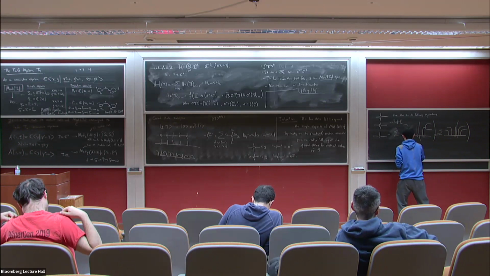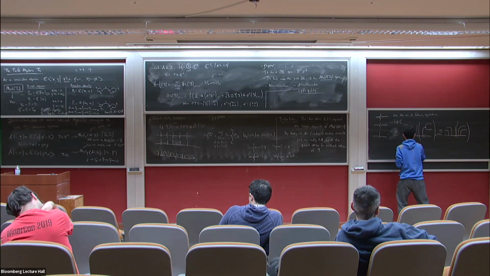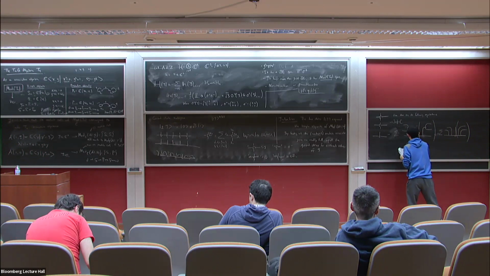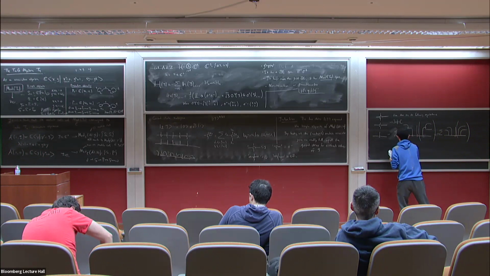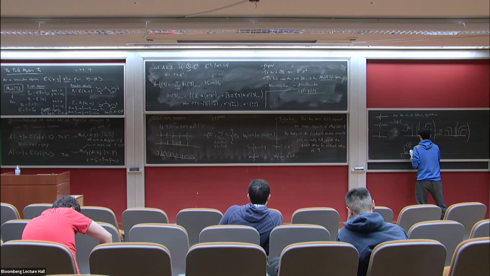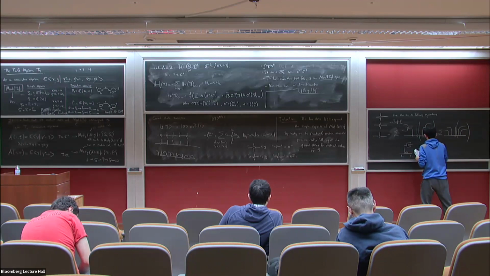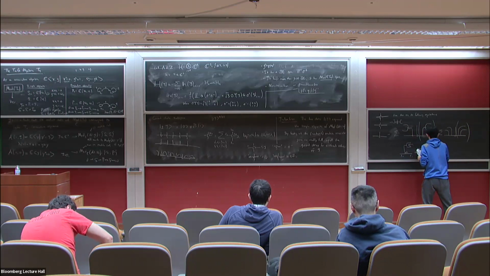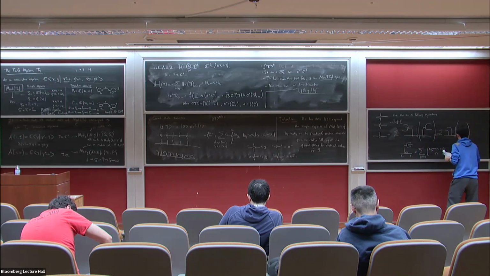Let's call this phi, with labels alpha 1, alpha 2, alpha 3. This is going to be equal to a sum over gamma of the F symbol.